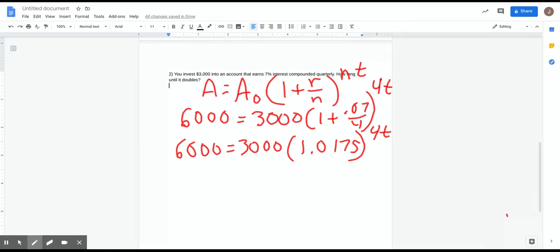Again, all we can have is the base and the exponent when we take the log. So I got to divide by 3,000. $6,000 divided by 3,000 is 2. Well, hey, at least that's pretty nice and neat here.